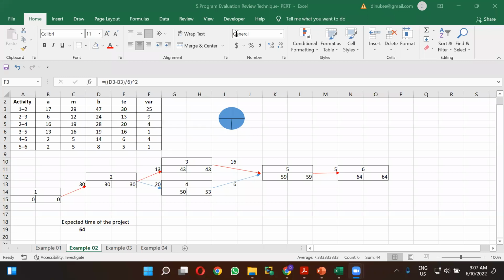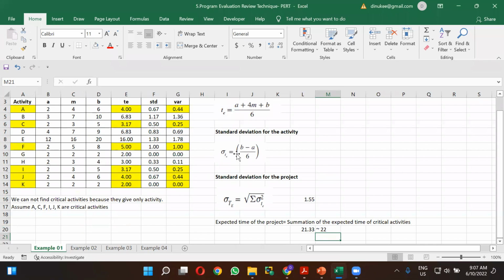Hasini said, please explain that function again. So here, we want to calculate the variance. Can you see this standard deviation for the activity? When we calculate the standard deviation for the activity, you have to take the pessimistic time, deduct the optimistic time, and divide it by 6.